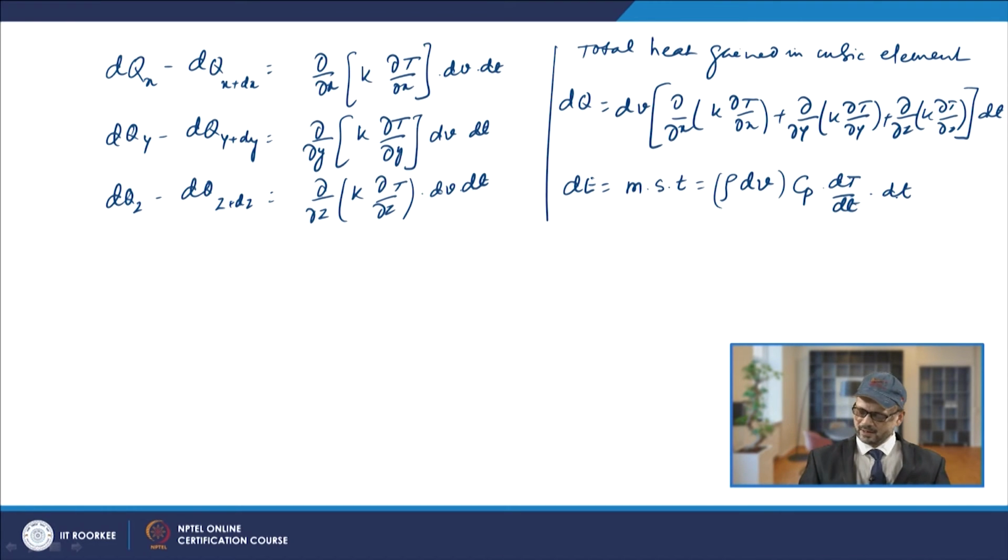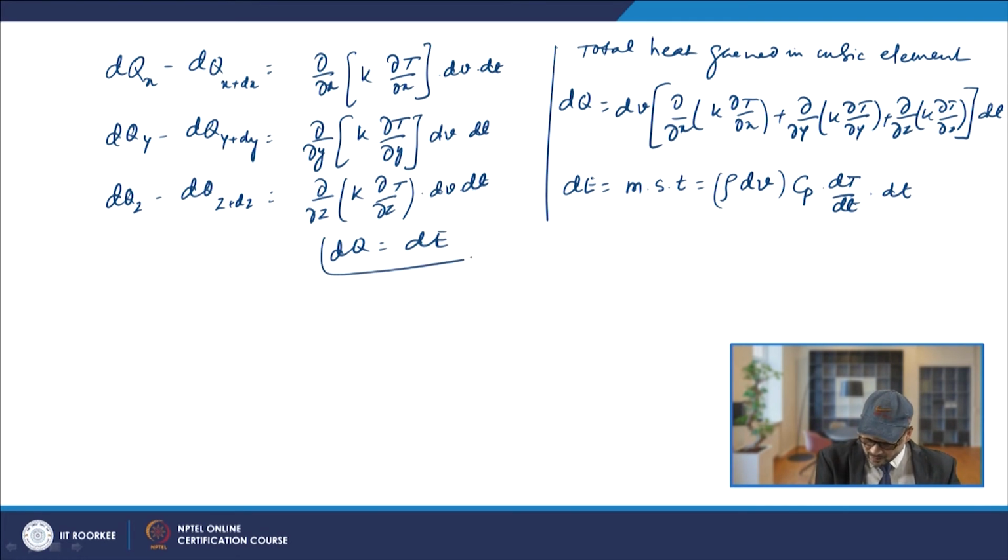If you try to equate now in this equation, you know that Cp is the specific heat at constant pressure, and you have the other terms known to you. So you have to equate these two values, dq the same as dE.